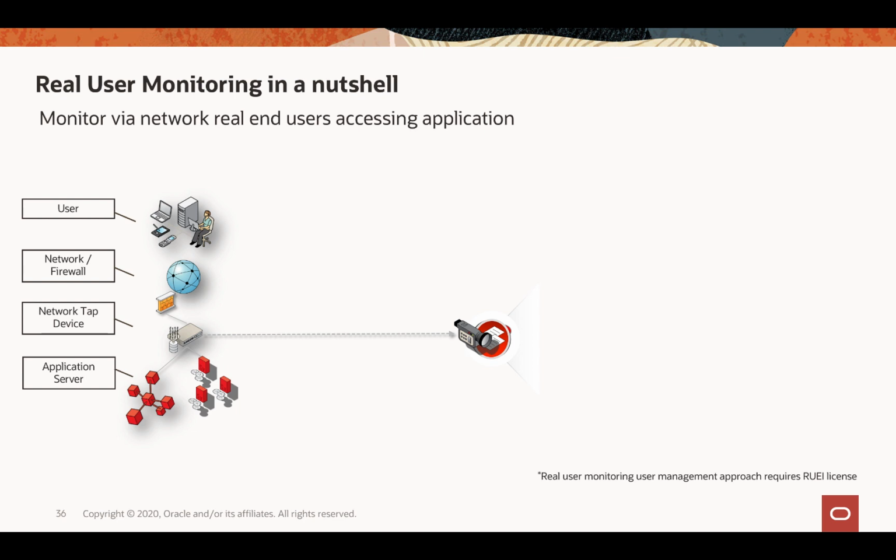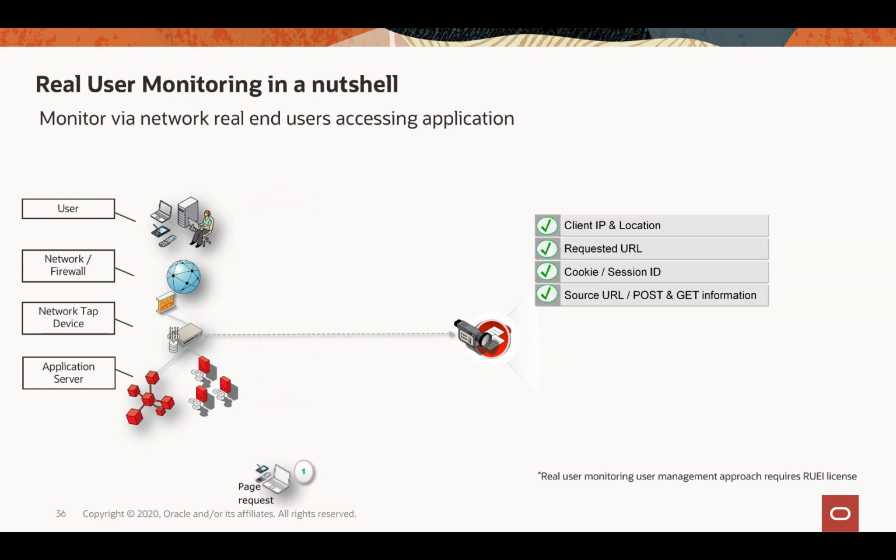This is a hardware device that captures the network traffic and sends us a copy of that traffic. The video recorder icon in the center of the screen is a RUEI collector. It is one of the RUEI components and sees all the traffic that goes into and out of the application. The traffic RUEI captures is HTTP.